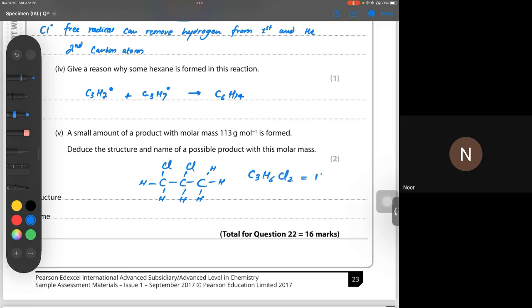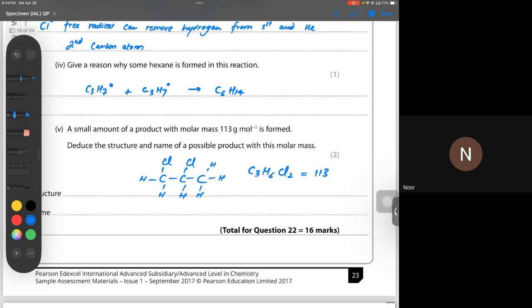Is this equal to 113? Yes. So the structure is this and the name is this. Simple.